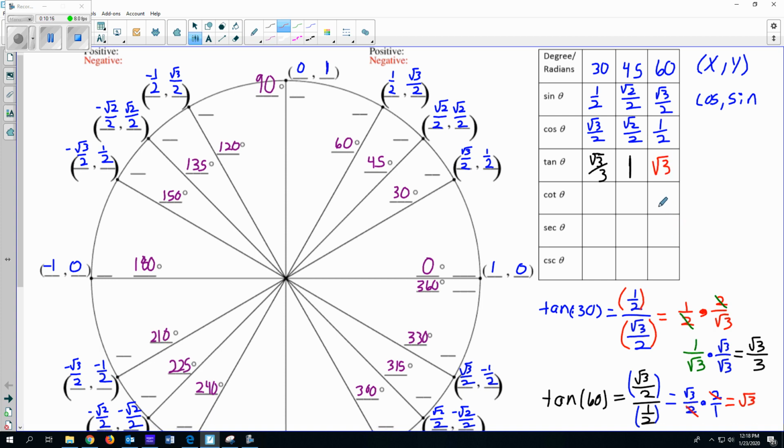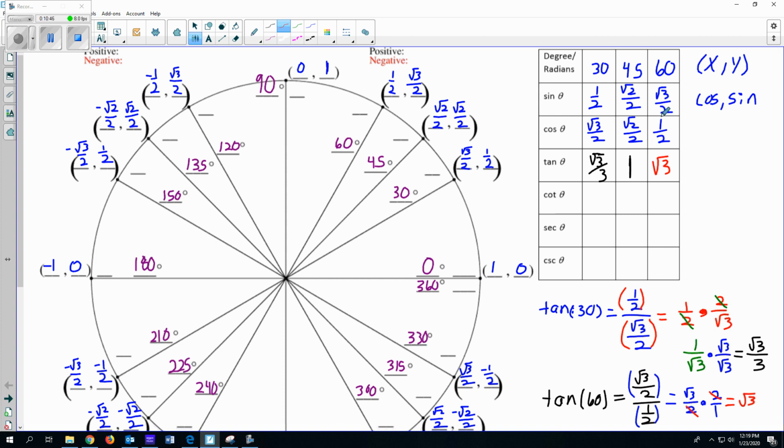Okay, now you know how sine went from 1/2 to square root of 2 over 2, square root of 3 over 2, and then cosine went in the opposite order? Well, that's what's going to happen with cotangent, because cotangent's just the reciprocal of tangent. So instead of doing 1/2 over square root of 3 over 2, you would be doing square root of 3 over 2 over 1/2, and we've already done that over here.